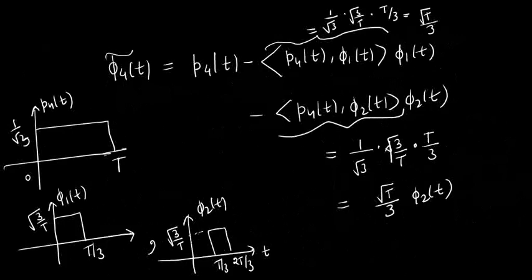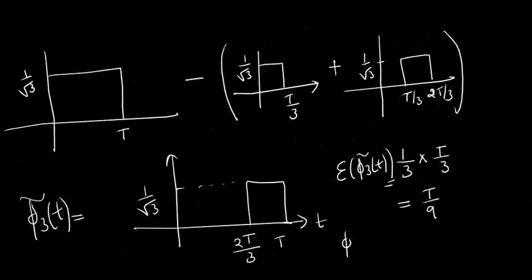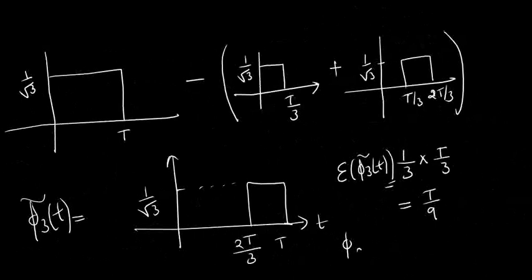See, Abhishek, I am just calling it phi 3 t because it was 0, right? There was no third basis. So now the next basis will become the third basis. Understood my point? You can call it phi 4 t, no problem, but it does not mean there are 4 bases. That's it. So now your phi 3 t will become your phi 3 tilde t divided by square root of its energy.